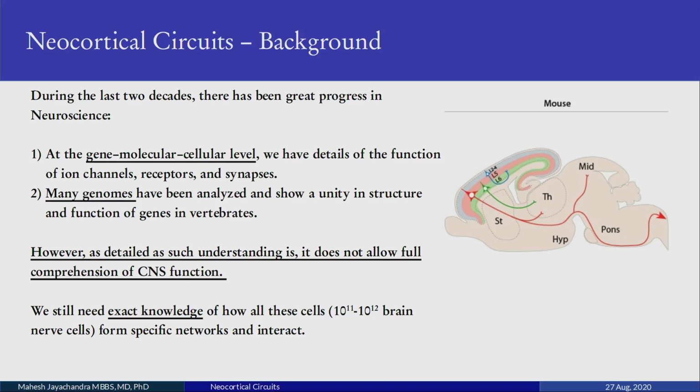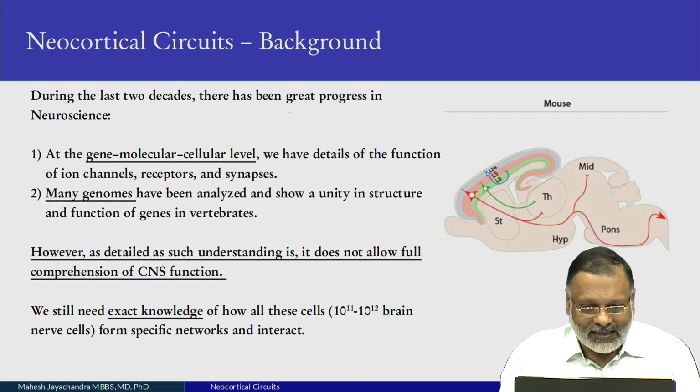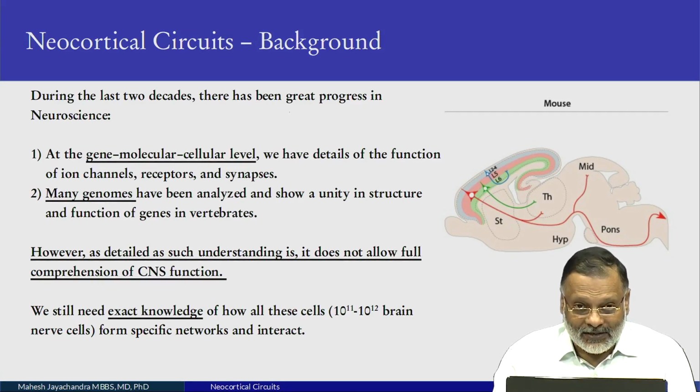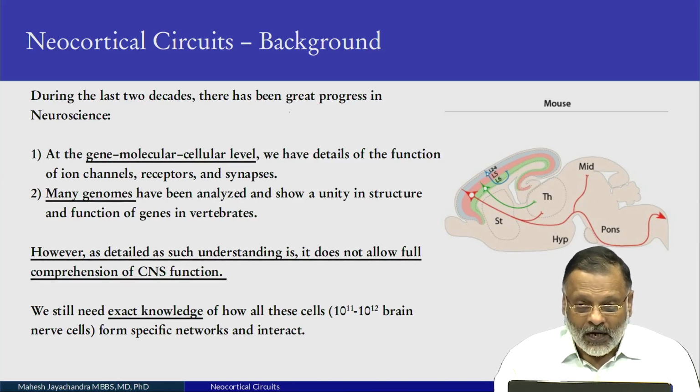However, as detailed as such understanding is, it does not allow full comprehension of central nervous system function. We still need exact knowledge of how all these cells, we have 10 to the 11 to 10 to the 12 cells in the brain, form specific networks and interact.